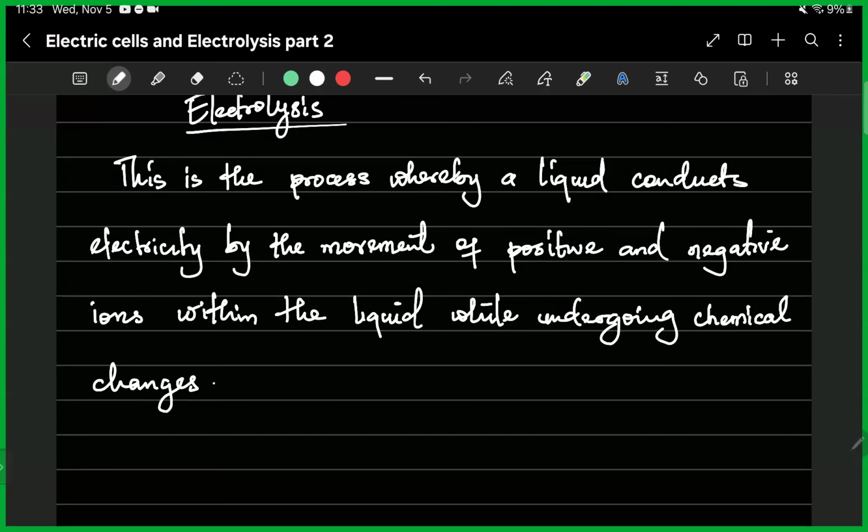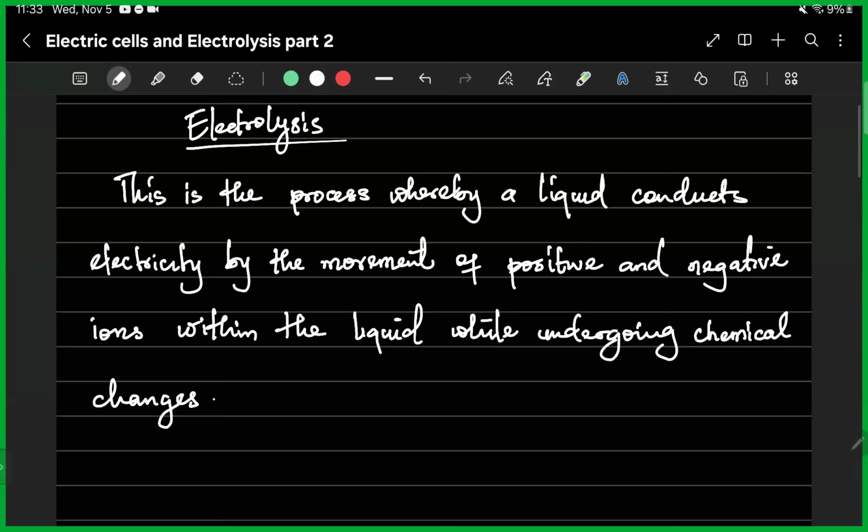So take note of that. Electrolysis is the process whereby a liquid conducts electricity by movement of positive and negative ions within the liquid while undergoing chemical changes. Please take note of this definition.